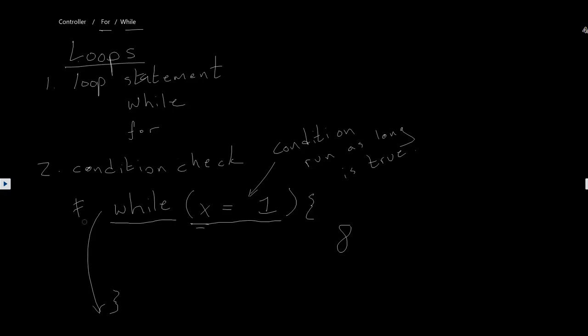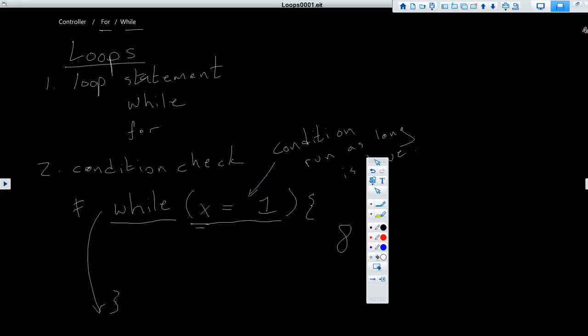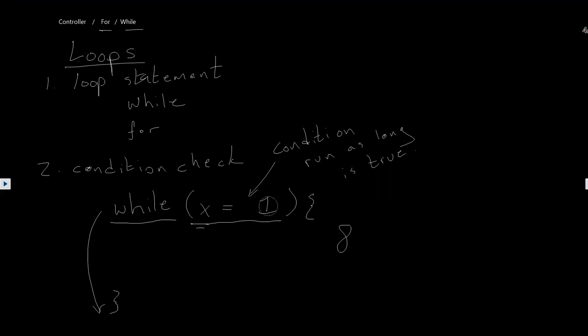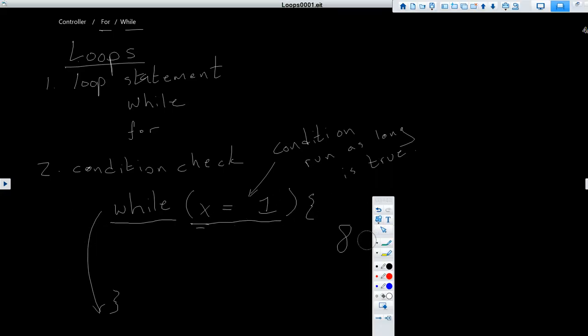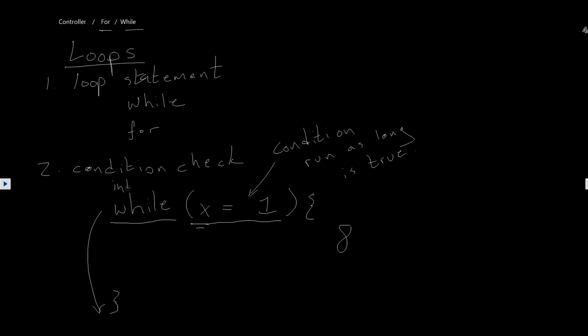But if it is true, if it checks it and x does equal 1, so if we came back up here and said int x equals 1, now that code's going to run. What happens is it reads this, checks to see if it's true, and if it is true, it runs the code.